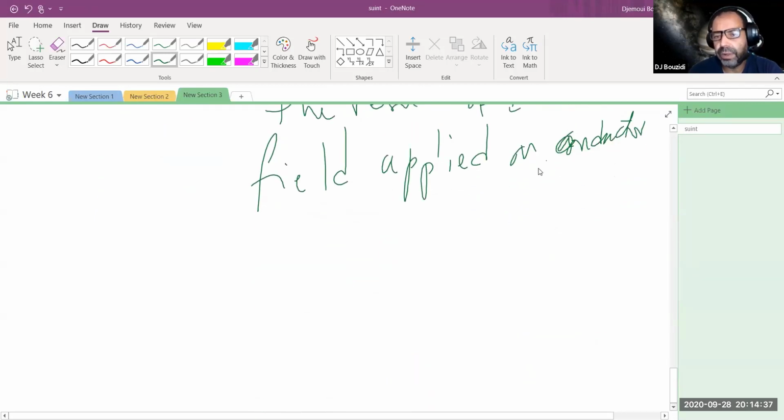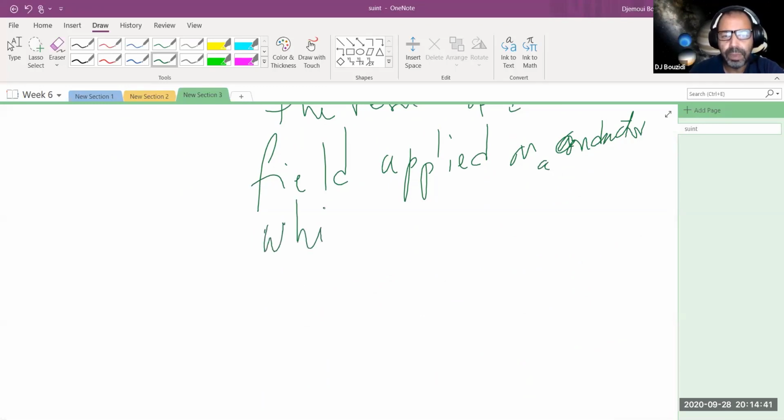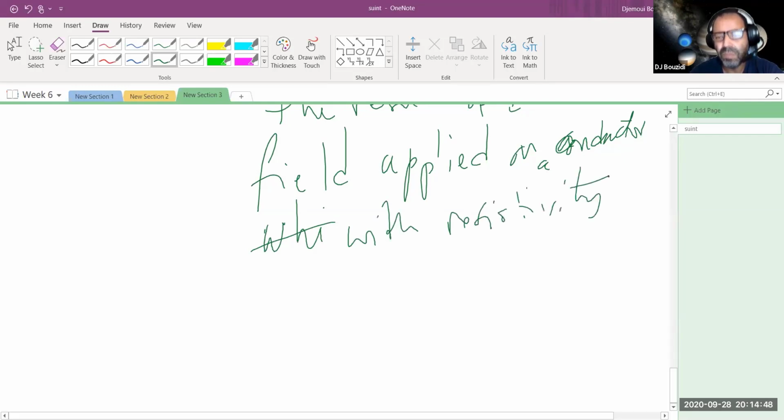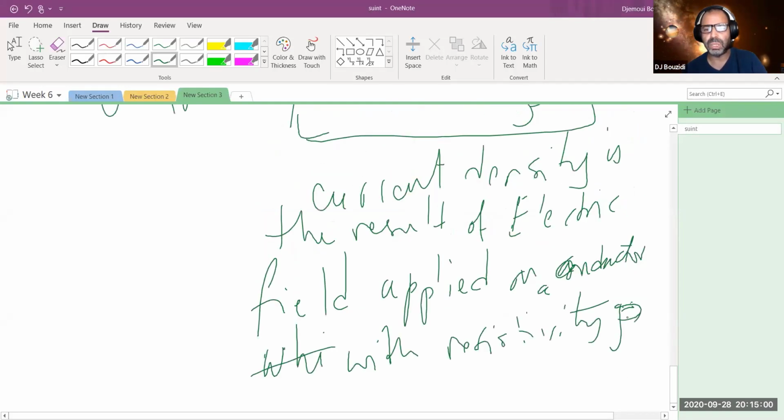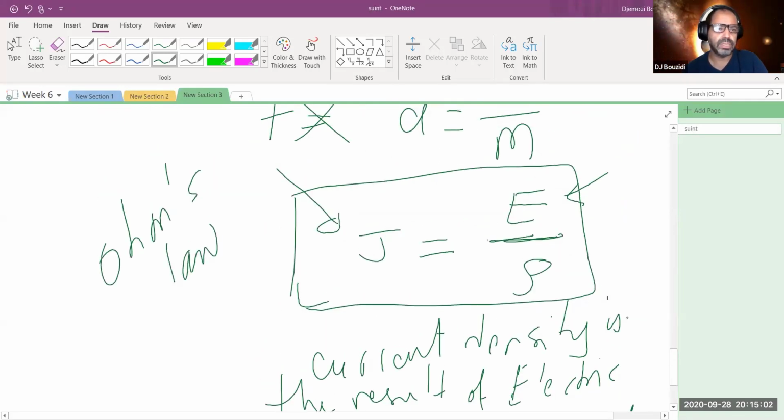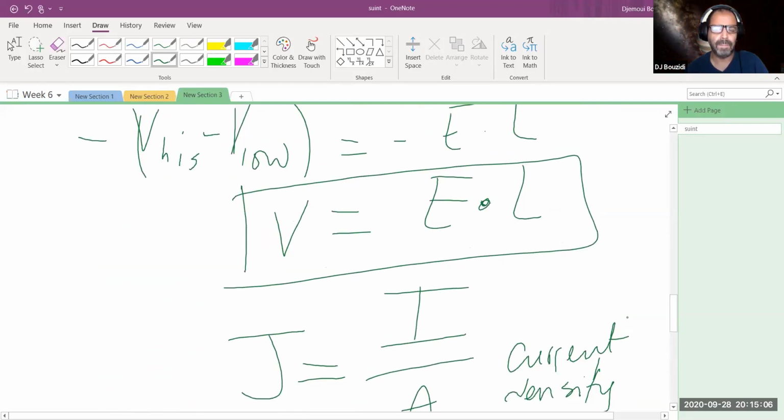On a conductor with resistivity rho. The resistivity is the property of the object, similar to the mass, the inertia of the object, which opposes a change in motion. This one opposes the current density, basically the current in the circuit, to be more general.